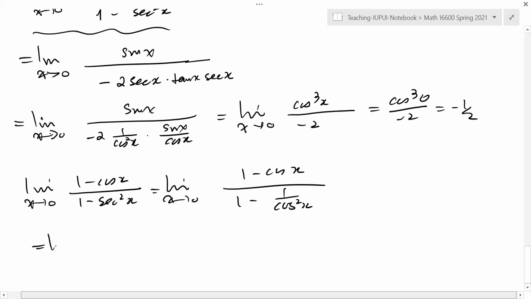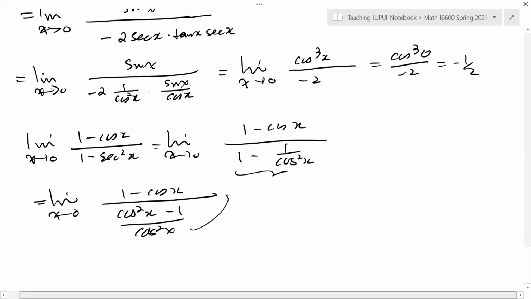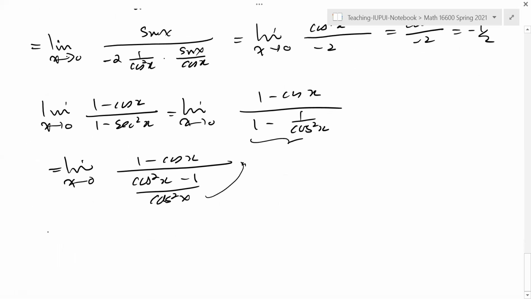Well, we can do that, right? So 1 minus cosine x, and this will be cosine squared x minus 1, and then there is a cosine squared x here, right? Combine those two together, right? So you move this cosine squared x to the side.